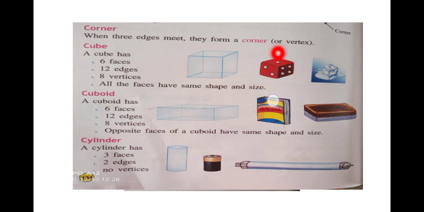A dice is an example of a cube, and ice is also an example of a cube. So how many faces are there? I told you how to read the faces. 1, 2, 3, top 4, below one 5, that side one 6, and the front part, including that, this is 6. So 6 faces.